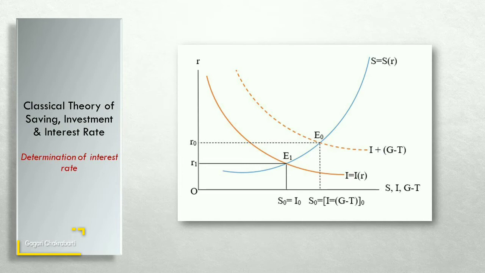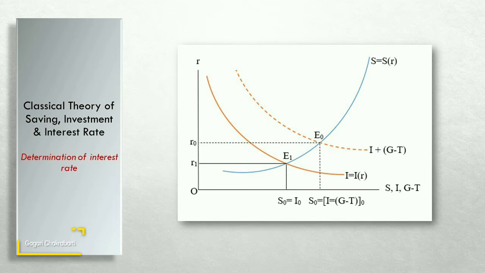This is not the case in the Keynesian model, where saving depends on the disposable income and investment depends inversely on the rate of interest. So that we get the ISLM model where the interest rate and the level of output or income is determined. Let us consider the diagram now.